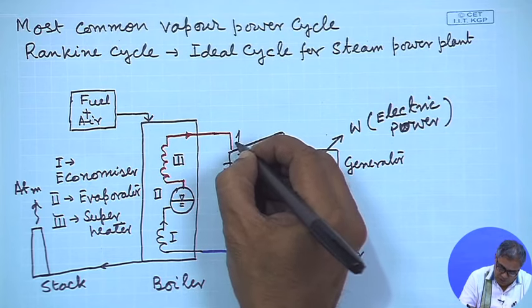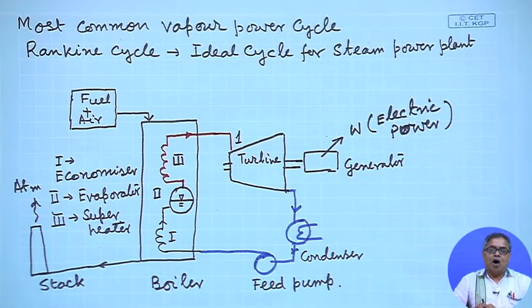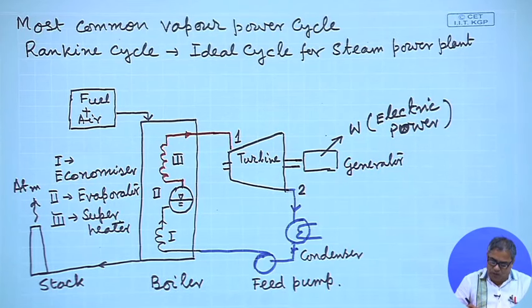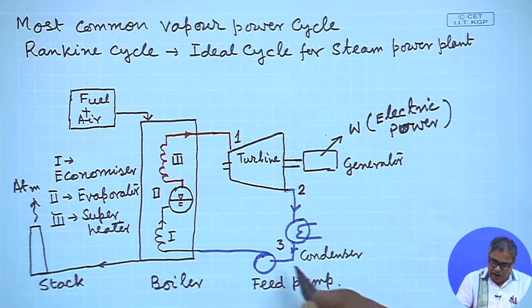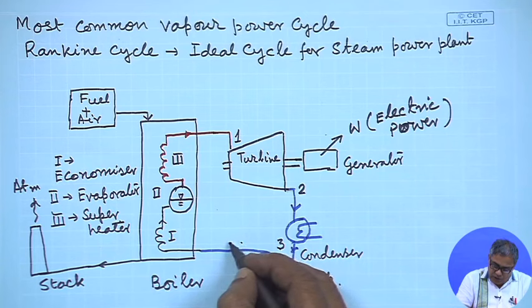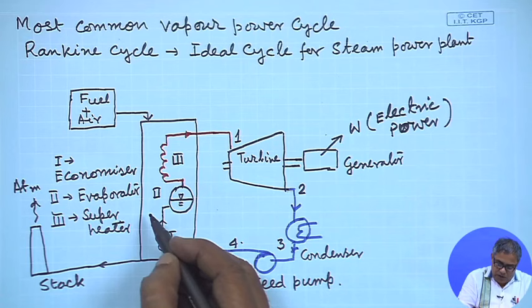If we put 1 over here, this denotes the state of the working fluid at the entry of the turbine. 2 denotes the state of the working fluid at the exit of the turbine. 3 denotes the state after the working fluid is condensed. 4 is after the pump raises the pressure of the condensate or liquid water.